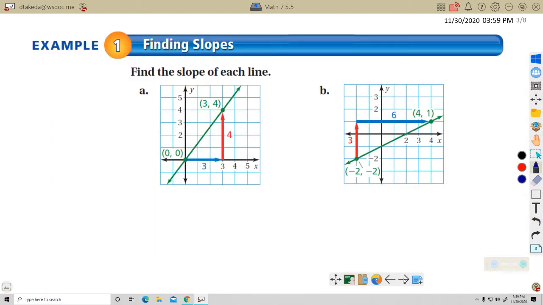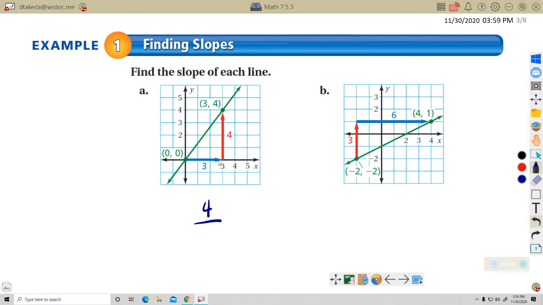Let's take a look at an example here. In this first example, they label the points and the differences between the points, so you can see the change for 1A. The change in the y value is 4. We're just counting it. The change in y is 4, so that goes on top.